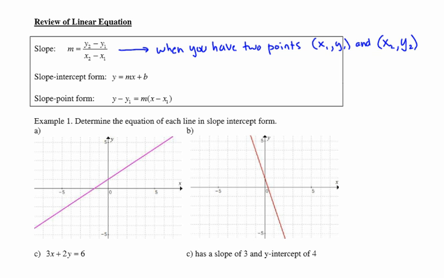So slope-intercept form, when do you use y equals mx plus b? You know your slope, m, and what else? Look at the name. Close. Y-intercept. So you use it when you know slope and y-intercept.